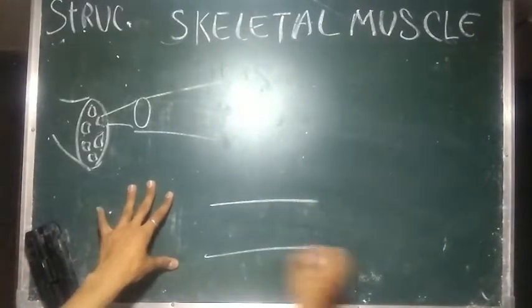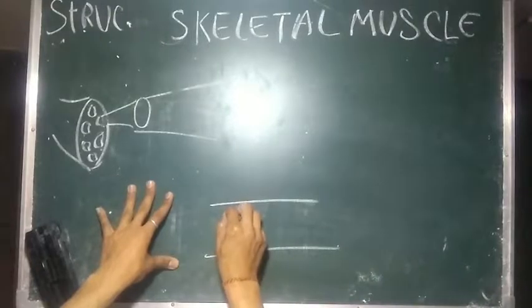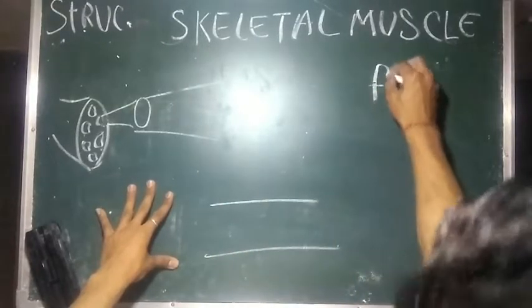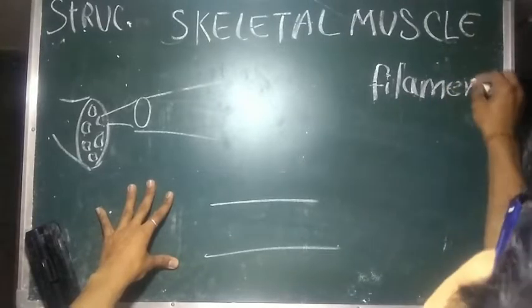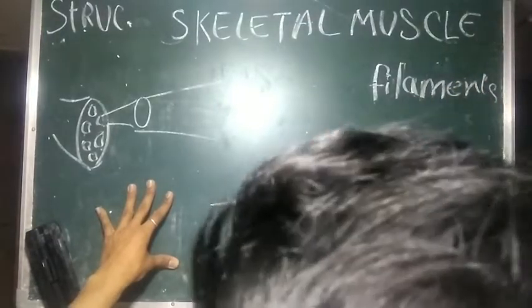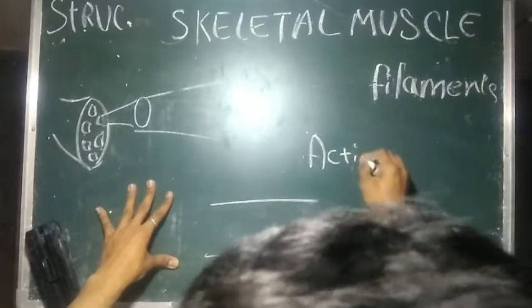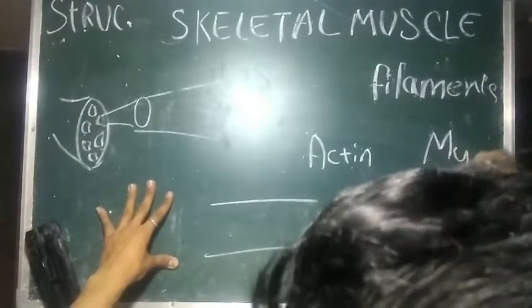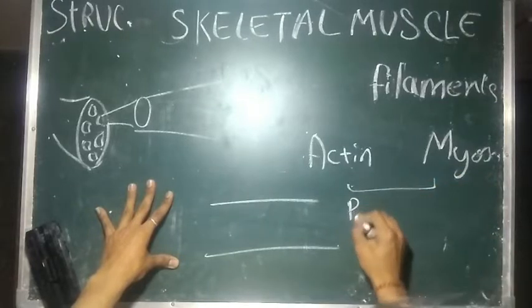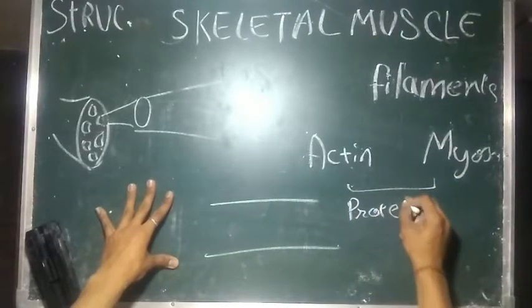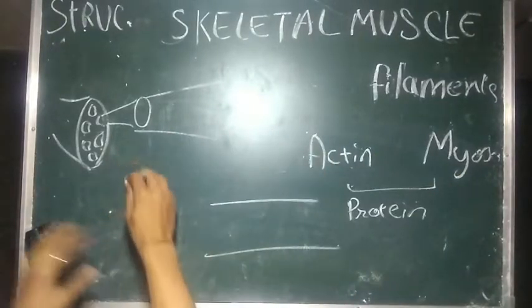A myofibril is made up of two kinds of filaments. These are the actin filaments and myosin filaments. Actin and myosin are two types of proteins that make the myofibrils.